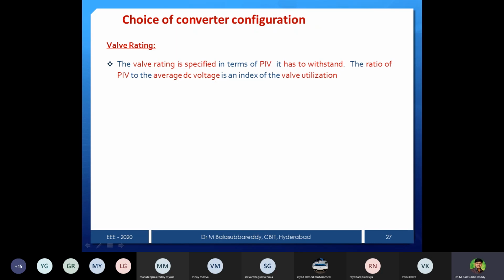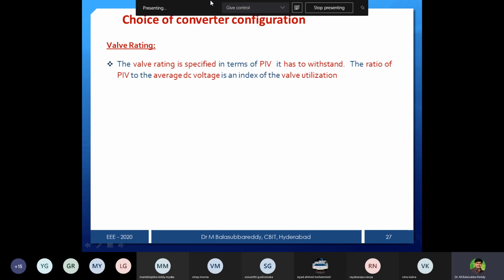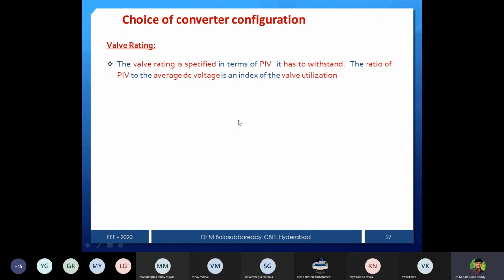Whether it is 20 volts or 30 volts or 30 kV, all these things we have to decide by this valve rating. The valve has to withstand the peak inverse voltage, so you have to choose the valve rating in such a way. Otherwise, what will happen? The device will conduct automatically without any firing pulses. So now in this case you can see the output voltage.